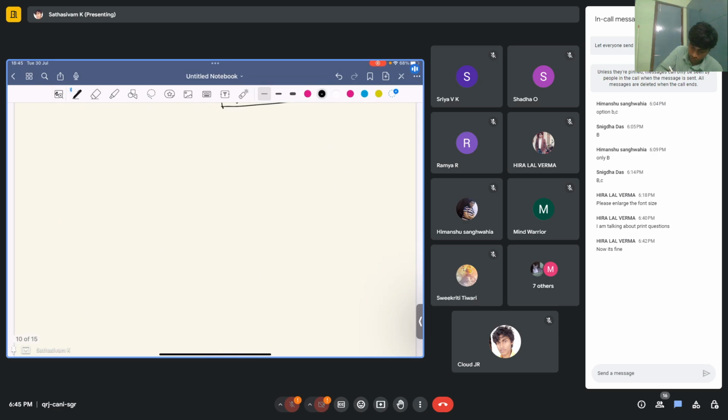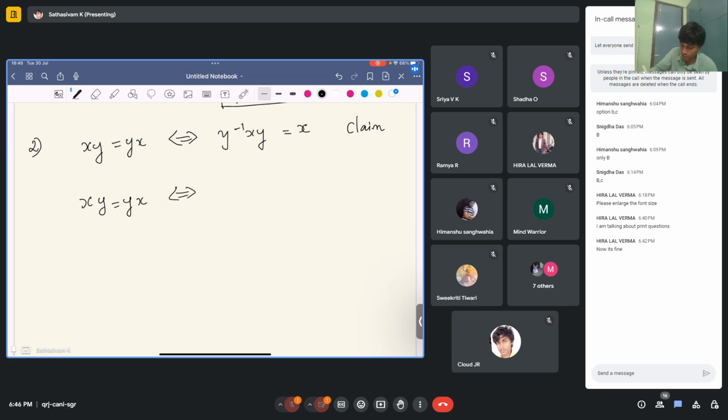Let's first prove the first one. The first one says xy equals yx if and only if y inverse xy equals x. So how do you go there? You take xy equals yx. This is the claim. Let's prove it. Now what you do is just multiply both sides by y inverse.